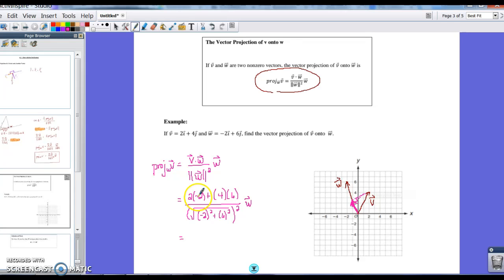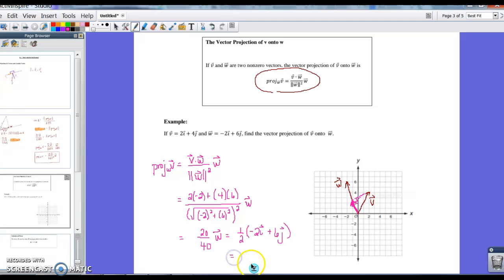So I've got negative 4 plus 24, so that's going to be 20 over, this would be 4 plus 36, that'd be square root 40, but when I square that, that just gives me 40, times W. If I simplify that, that's 1/2 vector W, and vector W is negative 2i plus 6j.